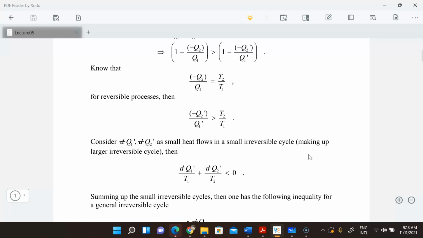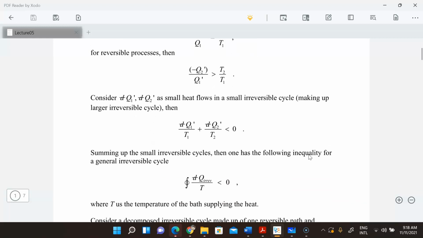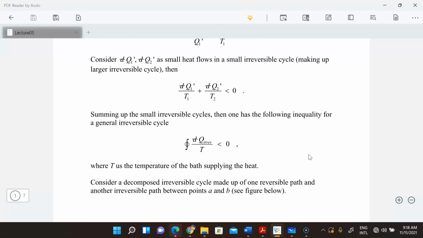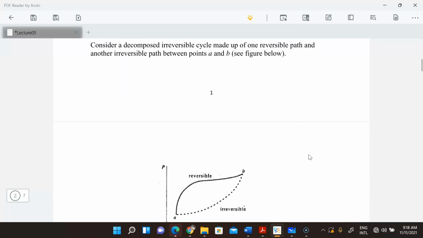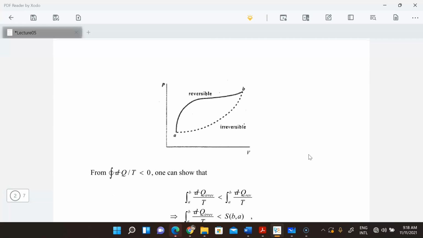But you can sum all these small irreversible cycles to give a general irreversible cycle, for which you have an integral over a loop, over a cycle, and that should be less than 0. And T is the temperature of the bath supplying the heat. Okay, and then I think we have also done this.